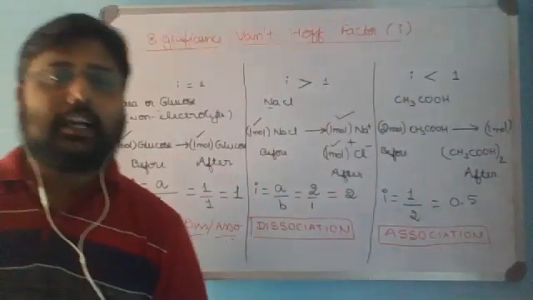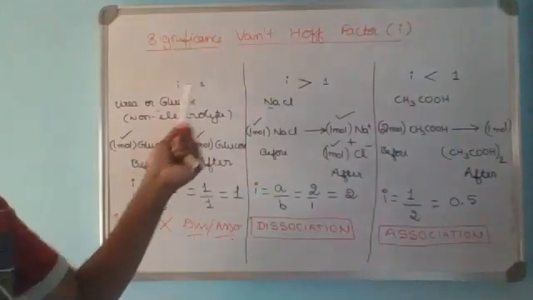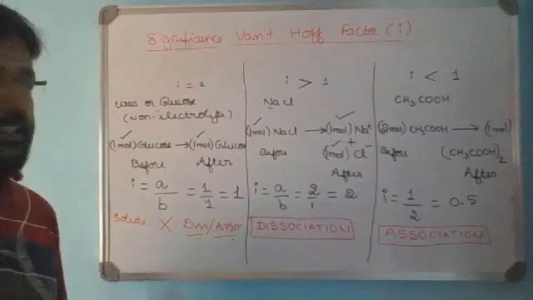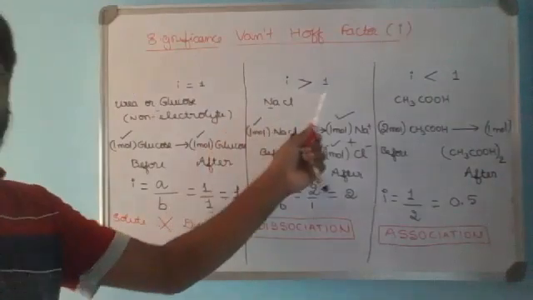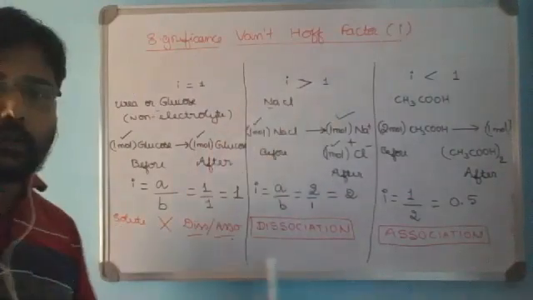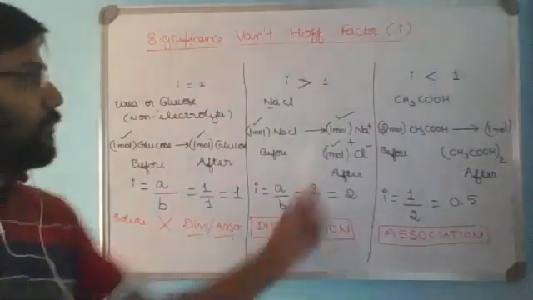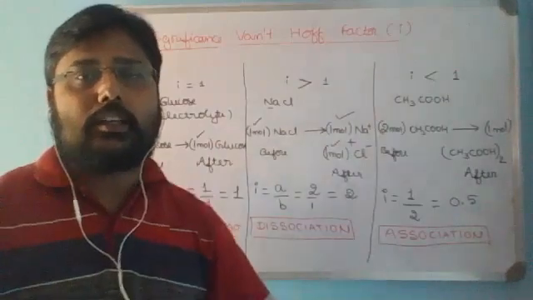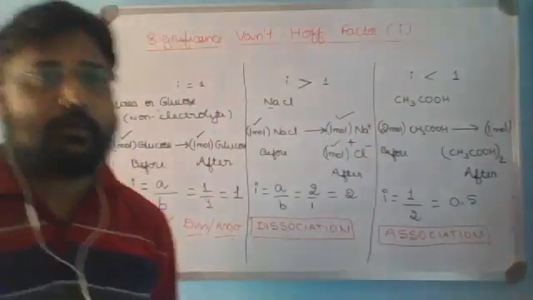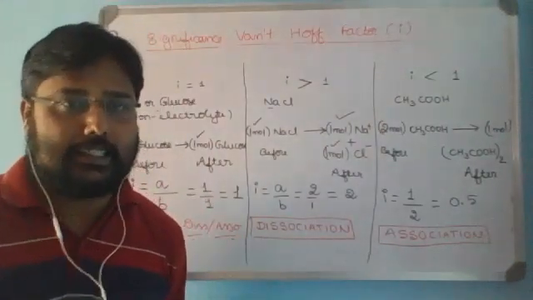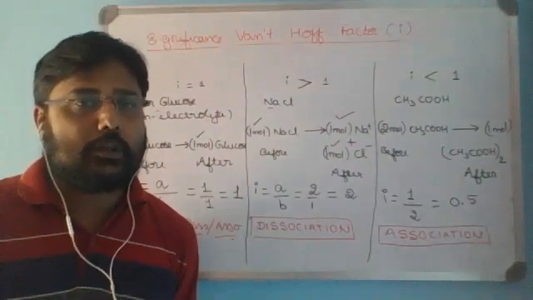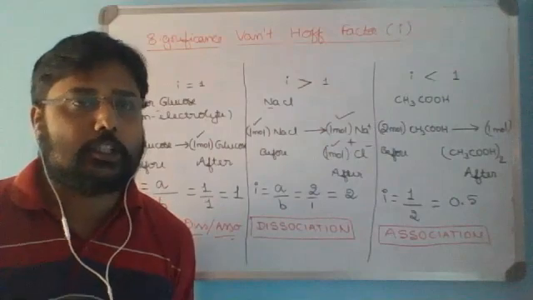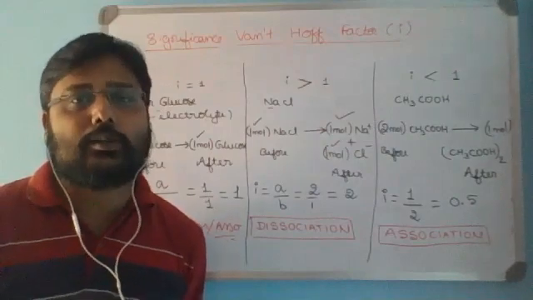If the i value is equal to 1, the solute is not undergoing any dissociation or association. If i is greater than 1, the solute is undergoing dissociation. If i is lesser than 1, the solute is undergoing association. So remember the significance very clearly. i equal to 1 indicates a non-electrolyte, which does not undergo dissociation or association.